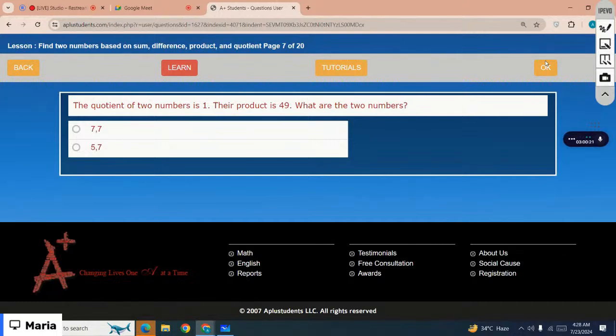The quotient of two numbers is 1 and their product is 49. What are the two numbers?